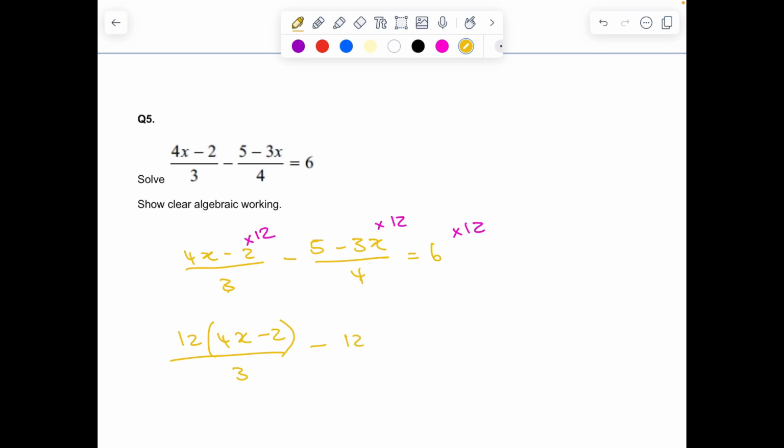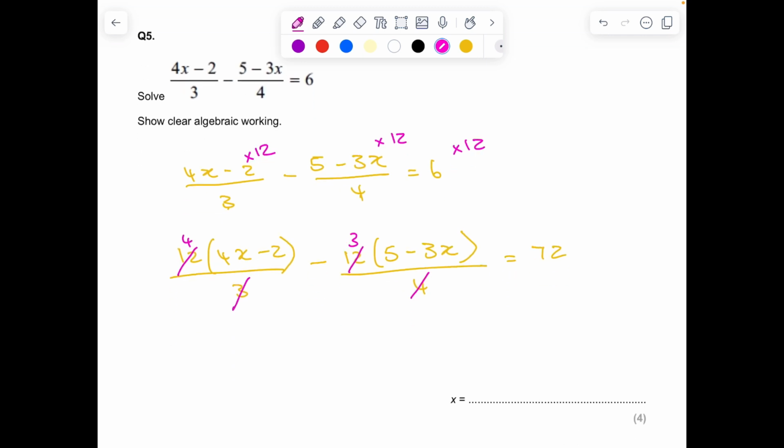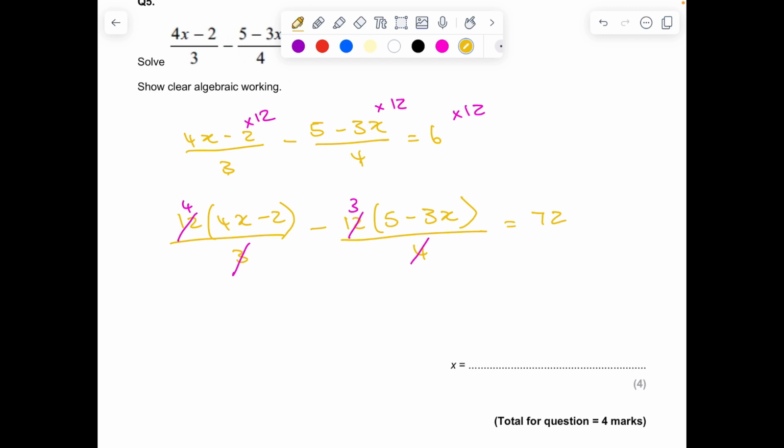So 12 times 5 minus 3x over 4 equals 72. Now you can see here that this cancels out because 4 3's go into 12. This cancels out because 3 4's go into 12. So now I'm going to multiply out the brackets.